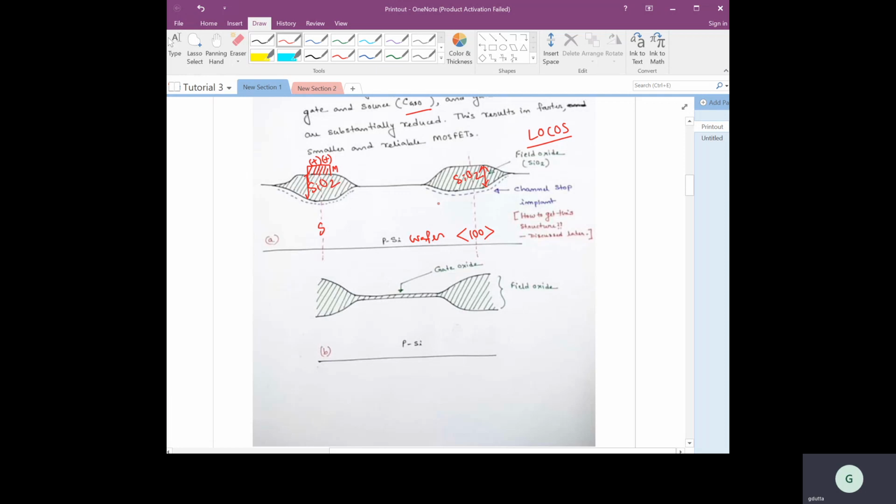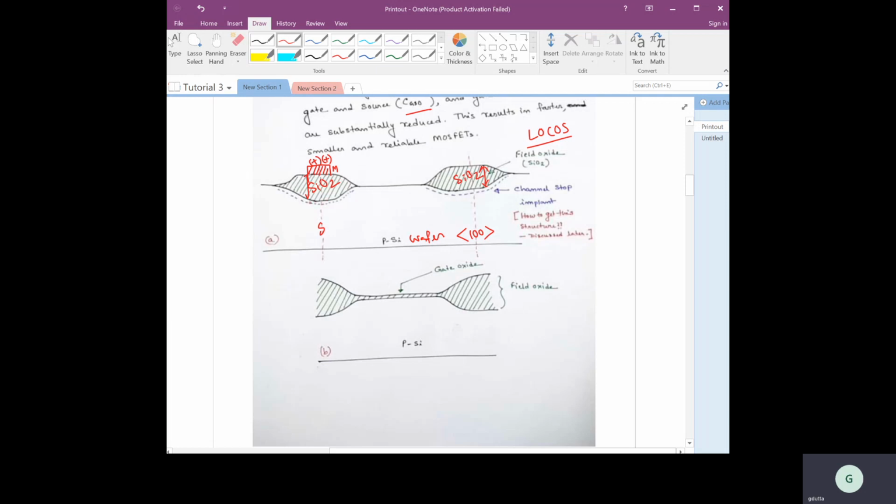To be even on the safer side, you can use an additional implantation just below it. The threshold voltage of this particular MOS structure, please follow my cursor, is also dependent on the doping concentration of the substrate.